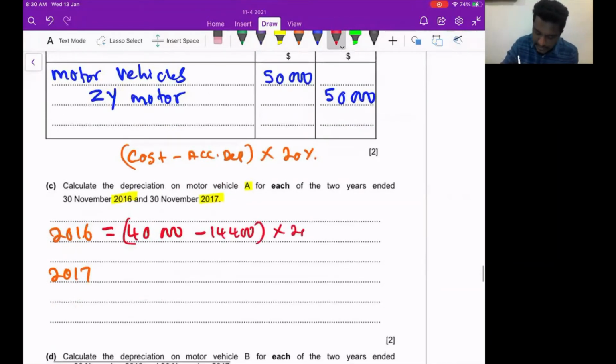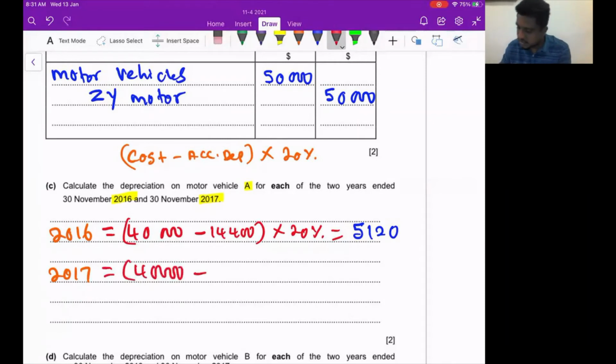Times 20%. So I take 40,000 minus 14,400 times 20%, and I get 5,120. After that, for the year 2017, 40,000 minus how much? 14,400 plus 5,120.